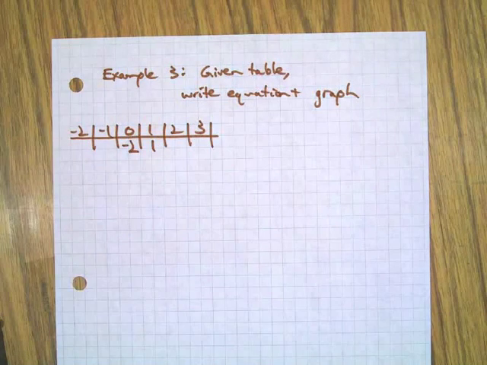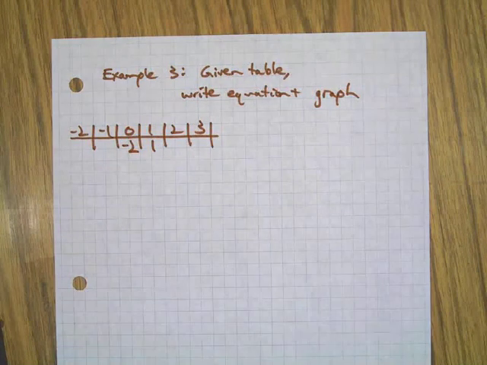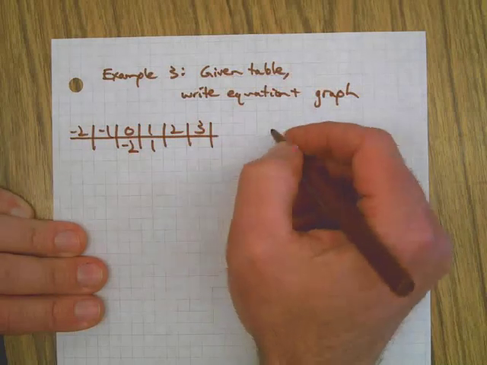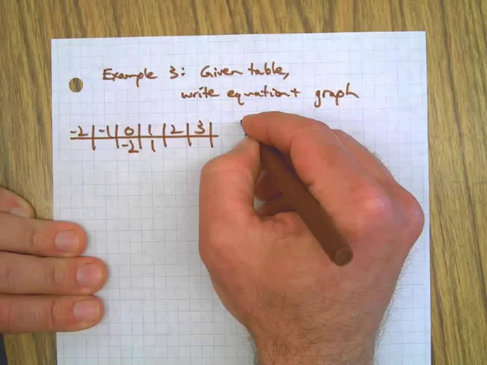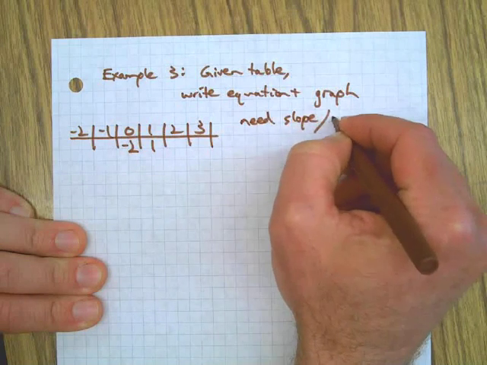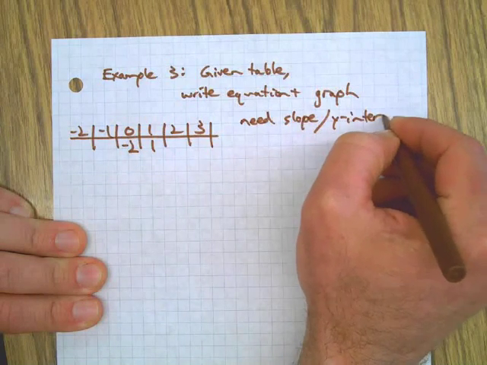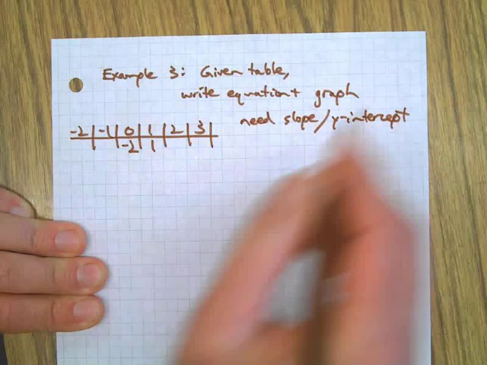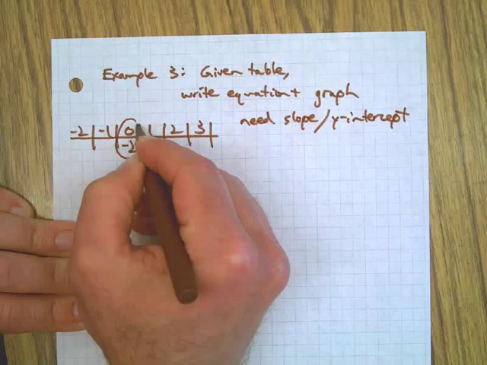Given just that much information, here's how we can do it. First of all, in order to write the equation, we need the slope and the y-intercept. Hopefully you got that by now. Okay, so here's the y-intercept.